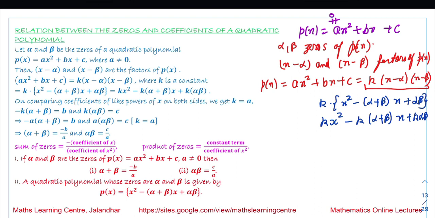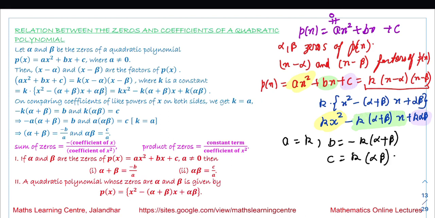Now if we compare the coefficients on both sides, this is the term of x square, this is the term of x, and this is the constant term on each side. So we get a is equal to k. Next, b is equal to minus k times (alpha plus beta), and third, c is equal to k times alpha into beta.